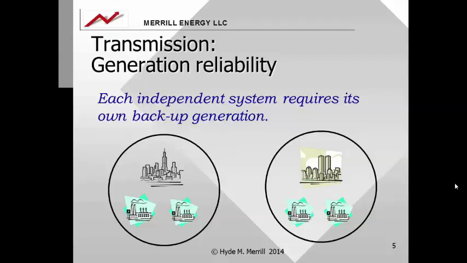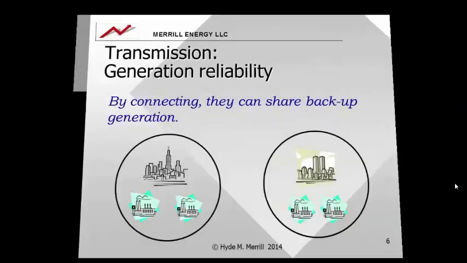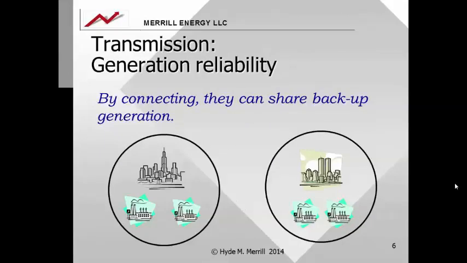It didn't take very long for people to figure out that if the power systems were connected by transmission, they could reduce the total amount of installed backup or reserve capacity by sharing reserves. Reducing the total reserves decreased the investment in generation and reduced the price or the cost of electric power.